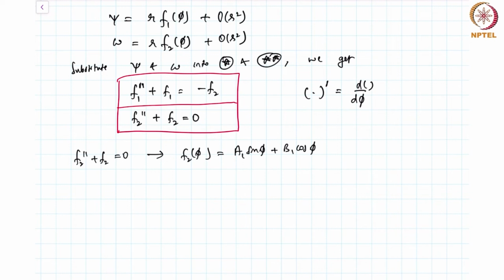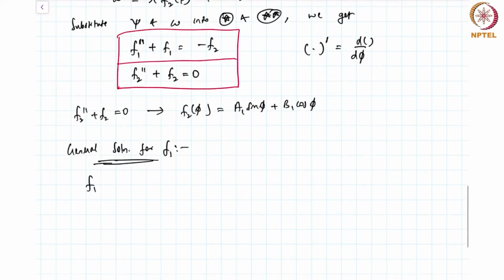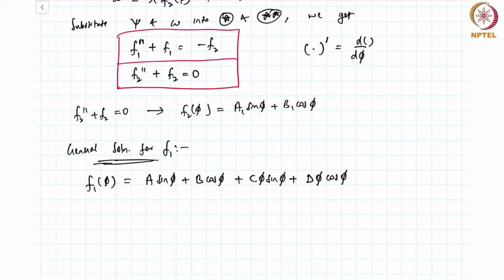So what we now have is an inhomogeneous equation for f1, and the general solution for f1 simply becomes a sin φ plus b cos φ plus c φ sin φ plus d φ cos φ.